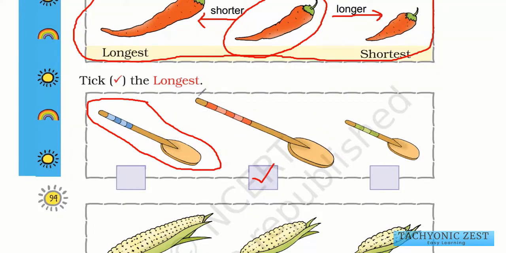This one is bigger in size, or longer in size. So this object is shorter as compared to this one, and this object is longer as compared to this one over here. So this object, in all, is the shortest.